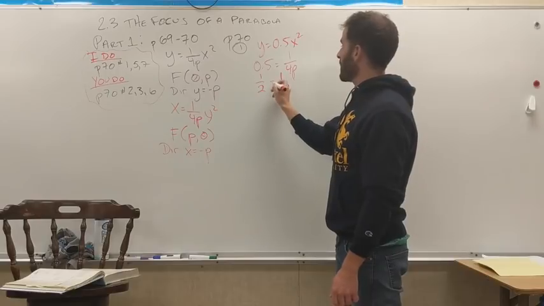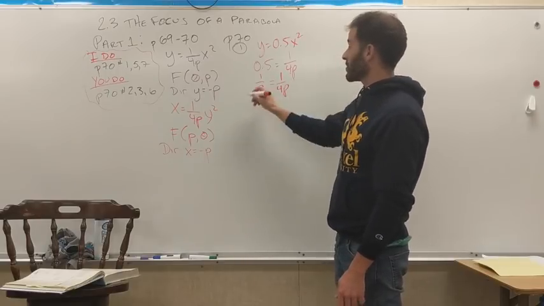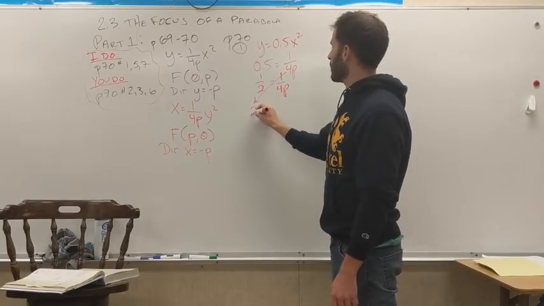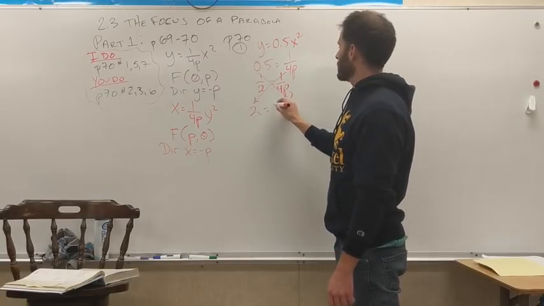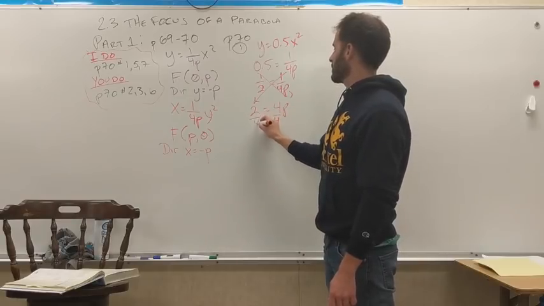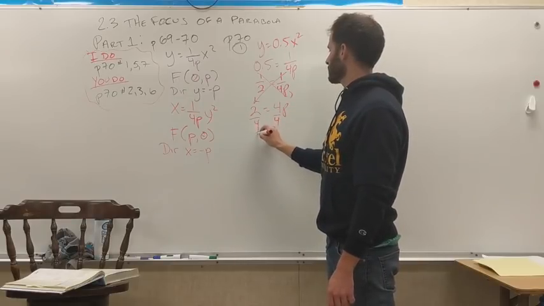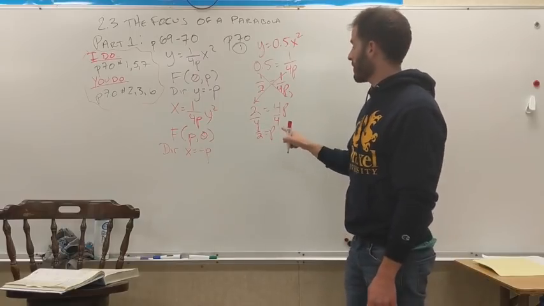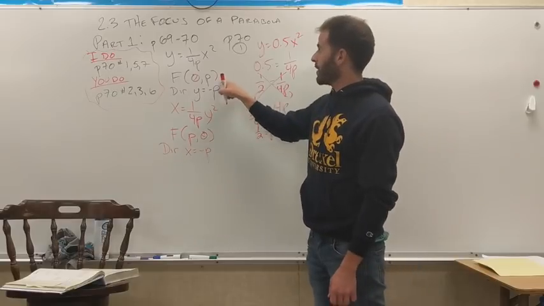And if you remember back to Algebra 1, you can actually just cross multiply right here. So I'm going to multiply 1 times 2 and 1 times 4p, and to solve for p, divide by 4. So p equals 1/2.